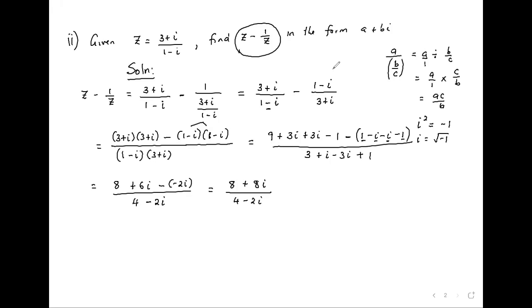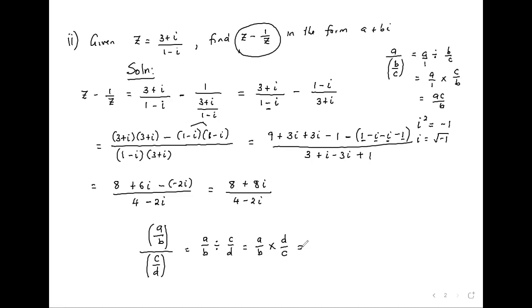Okay, so let me start from here. If I have A over B, and I'm dividing by C over D, you can choose to write this as A over B divided by C over D. You may also choose to write this as A over B multiplied by D over C. If you change division to multiplication, you switch C and D. D becomes the numerator, C becomes the denominator.